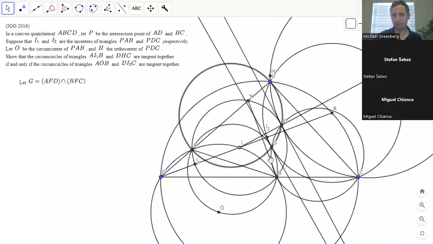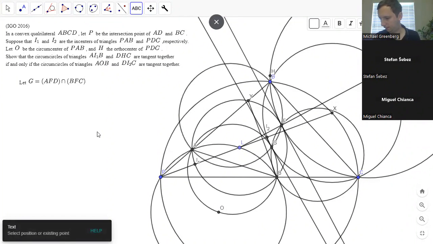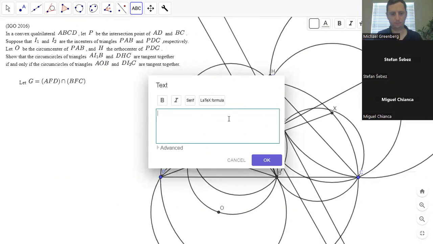Okay, I got it. So first I'm going to write out the angle chase that AGBO is cyclic. It's a little complicated, but we have angle AGB is 360 minus GF minus angle FGB, which is 180 minus BC minus angle P, which is 180 minus 2 angle P, which is 180 minus angle AOB, and that implies AOBG is cyclic.